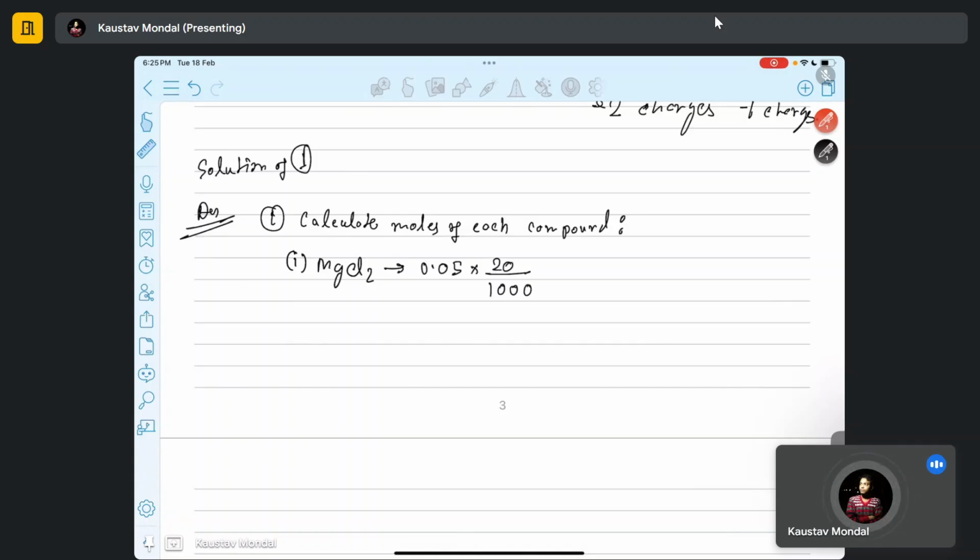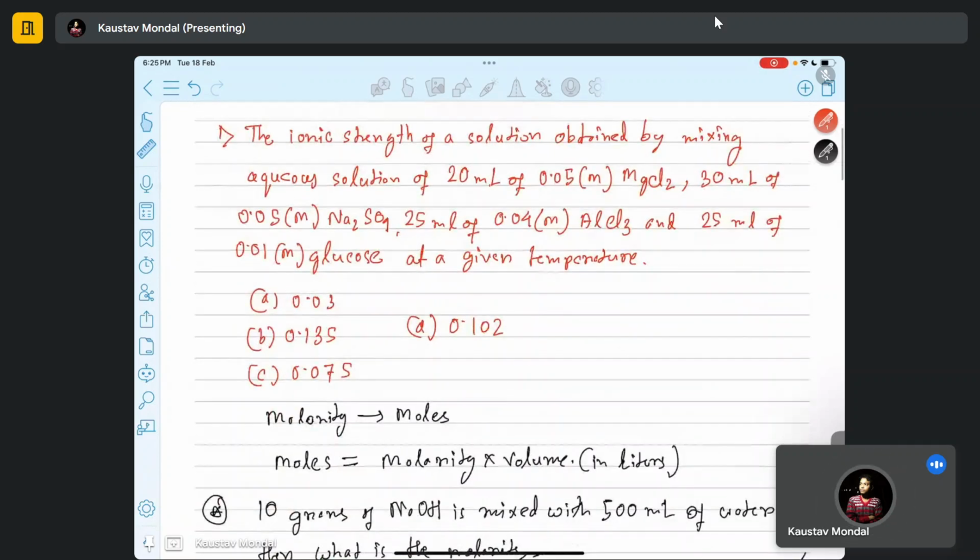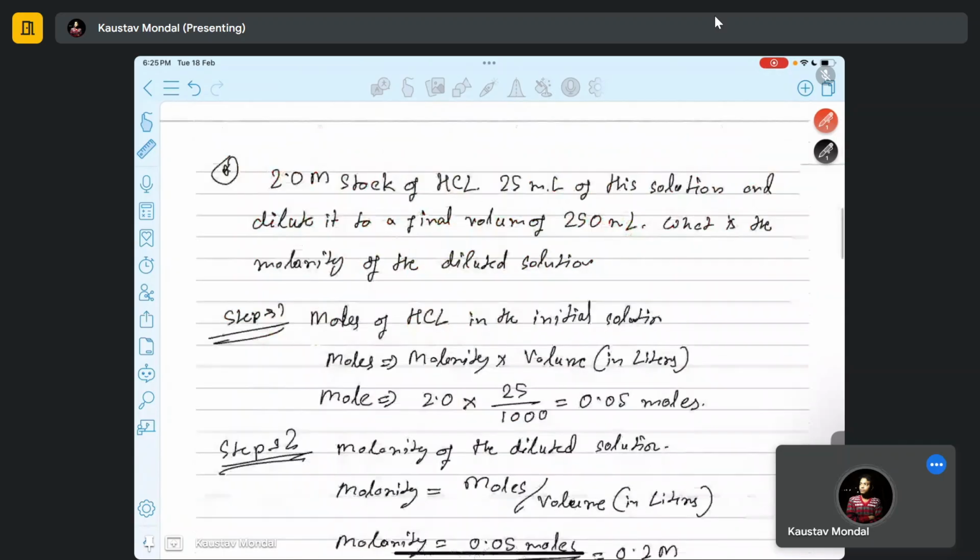If you calculate, this will give you 0.001 moles.